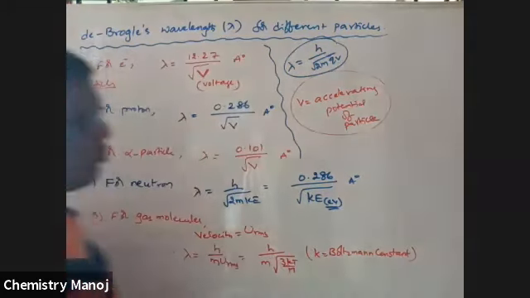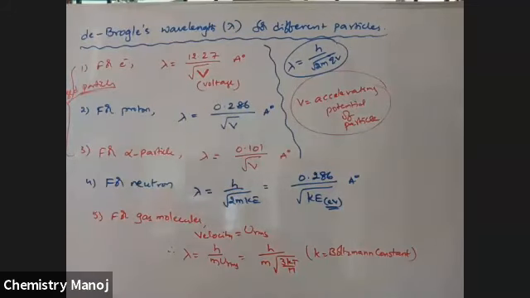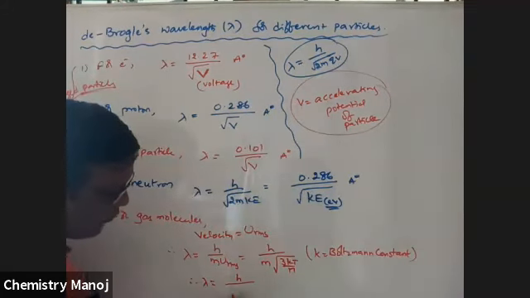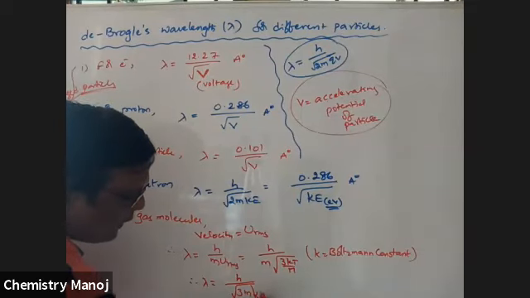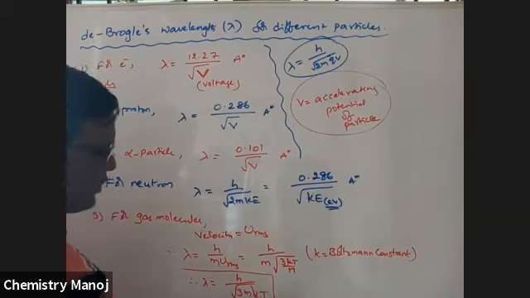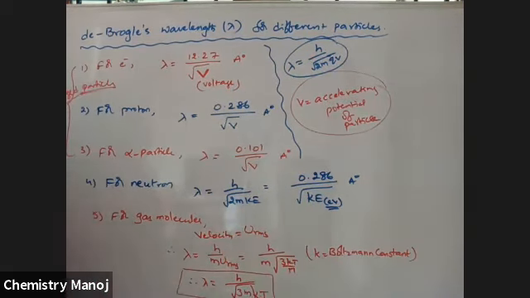After readjustment, lambda is equal to h by root 3mkT, where k is the Boltzmann constant. It is for gas molecules.